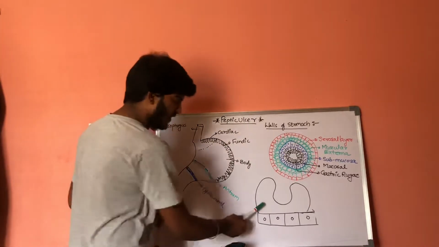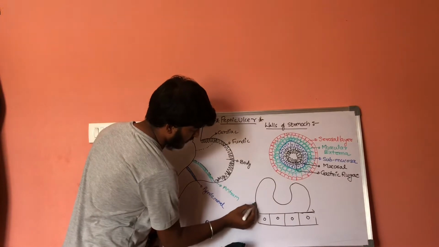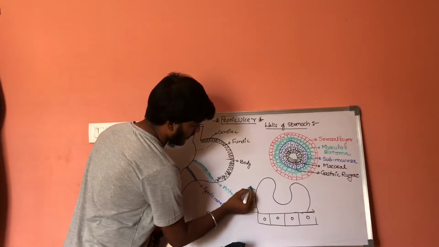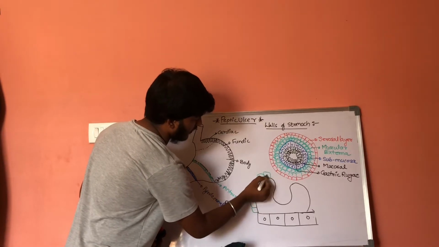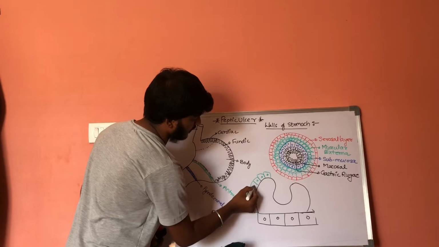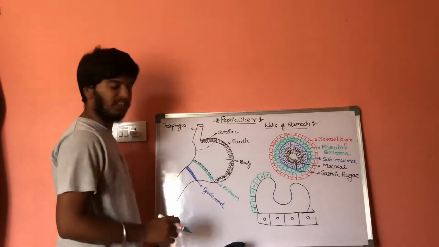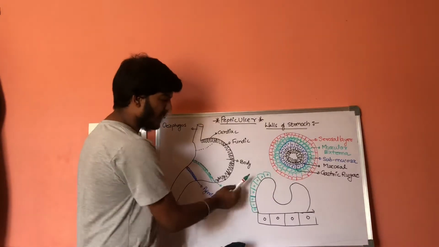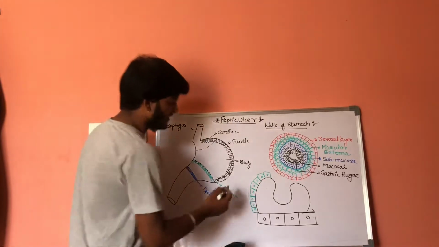On the surface of these rugae, special epithelial cells are present. These epithelial cells are called columnar epithelial cells.